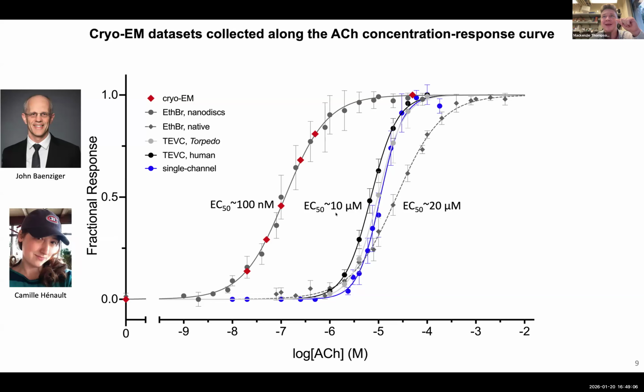function. And I think that it highlights maybe one of the main themes of the conference, which is we want to get towards much more native environments for these proteins that are very sensitive to their lipid composition.